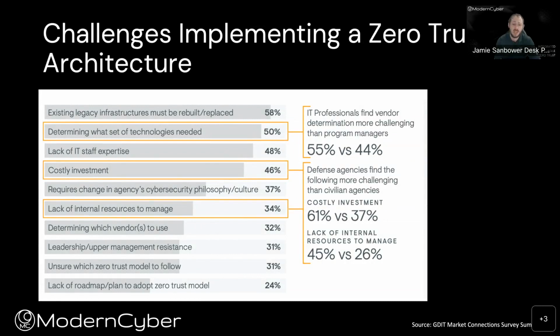They went out and surveyed quite a bit of different individuals in the public sector arena, so both US government and defense organizations. You can see these trends are very similar to what commercial and enterprise organizations have experienced as well. IT professionals find vendor determination more challenging than most of the program managers.